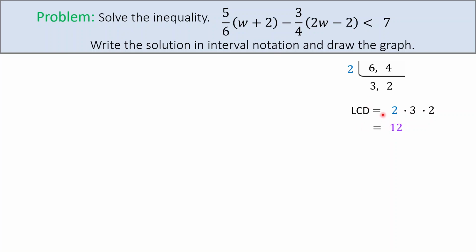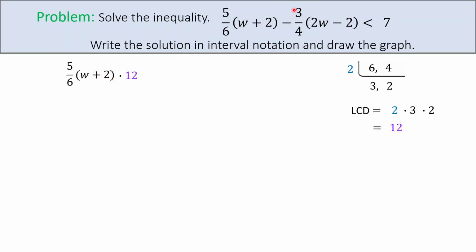Now you need to multiply this LCD on both sides, here and here. Now on the left hand side, you have two terms, so you need to multiply the LCD in this term and this term. Take this, multiply by 12.